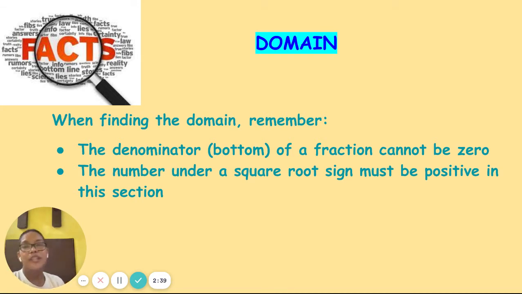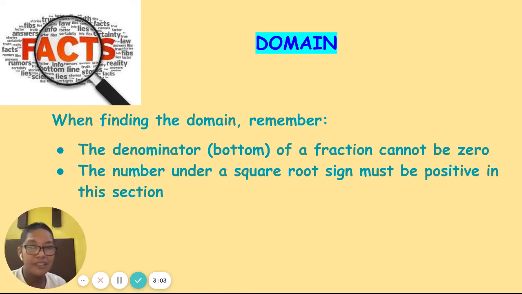Okay? So, number 2, the number under a square root sign must be positive in this section. So, bakit kailangan pong positive pag under the square root sign? Kasi po, pag nag-substitute kayo tapos ang na-compute nyo ay negative, ang value ng y nyo is imaginary.